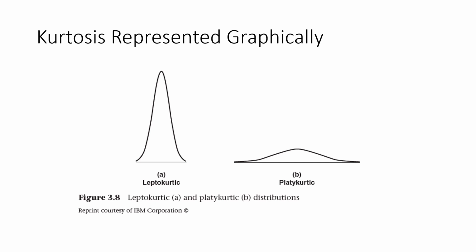You can see this because most of the scores are clustered around the mean, and the graphic on the right-hand side, the platykurtic distribution, has a very high standard deviation because you can see that the scores are not clustered closely around the mean, but instead are quite drawn out and highly variable on the right-hand side and the left-hand side of the distribution.